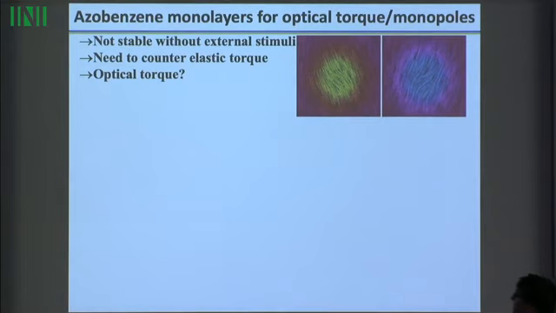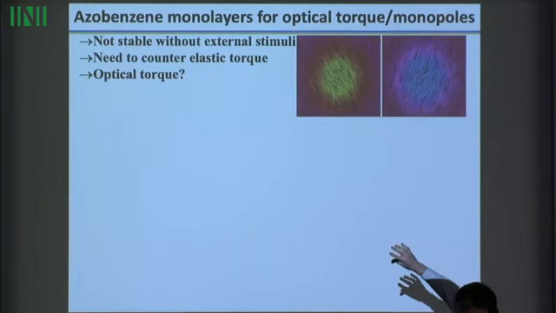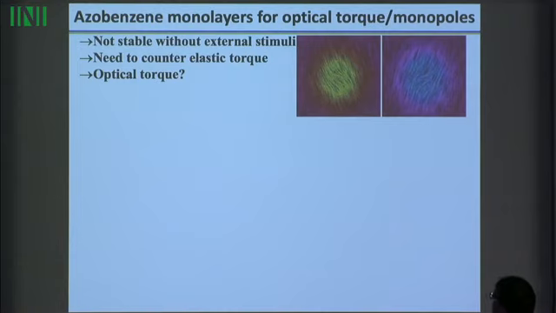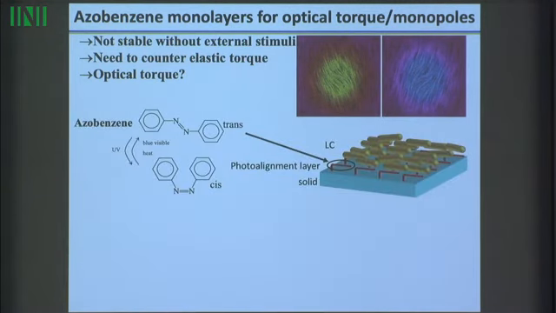And so for us to have an analog of hydrogen, we would need to have the director around the particle tilting in just one direction. Now, you immediately realize a problem with that, because to minimize elastic free energy, that distortion should relax to a uniform state, right? And so that was part of the problem why such colloids could not be easily realized for a long time. Now, what I'll discuss with you today is how we use optical torque to balance such elastic torque and therefore realize elastic monopoles.